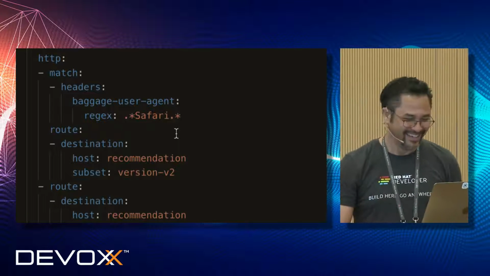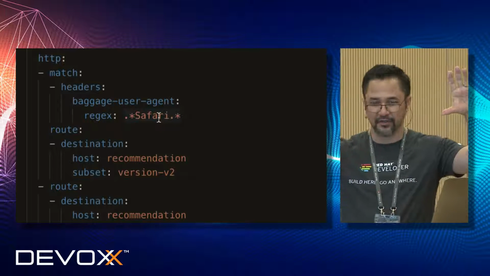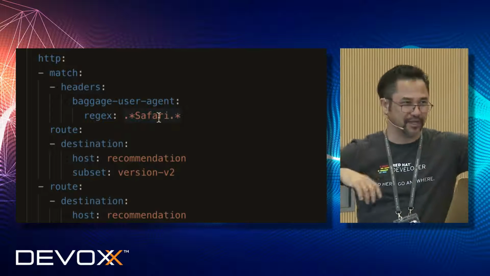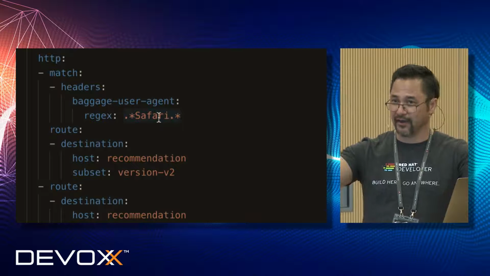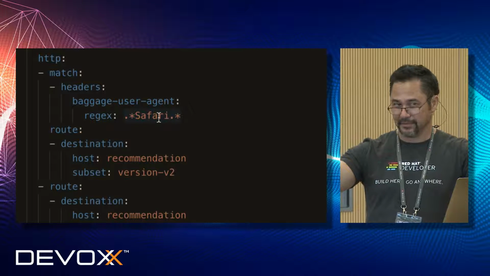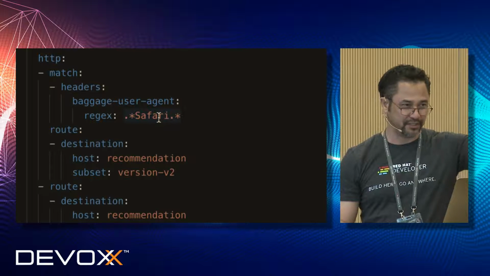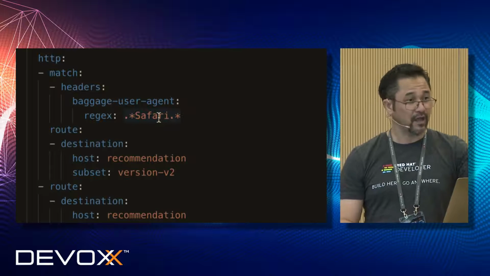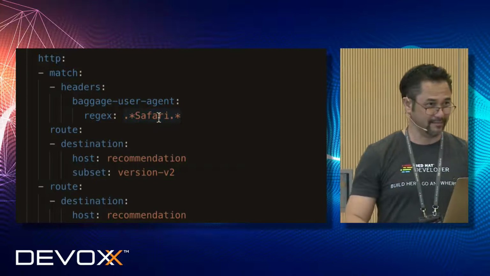Okay? So, but you can pick what you want from the HTTP headers. You can decide if it's a cookie, it's a user agent, it's the Mac OS versus the Windows OS, or whatever it might be, and you can further refine who sees the canary. So in the default application that they show you with Istio, called Bookstore, if you're logged in, you get a slightly different user experience than if you're not logged in.